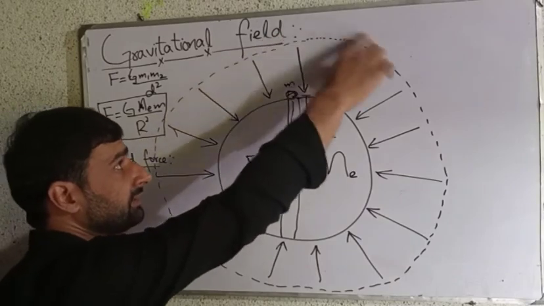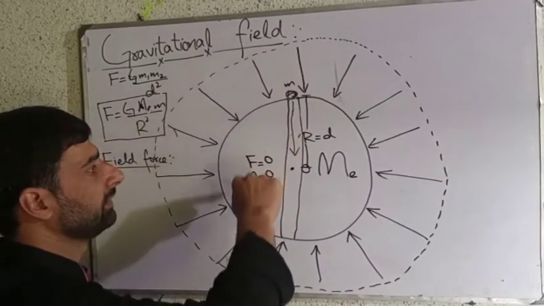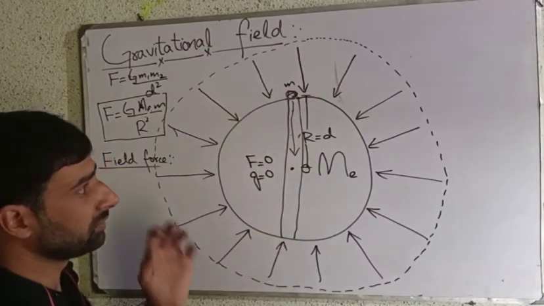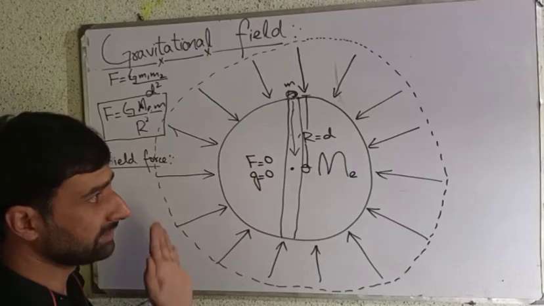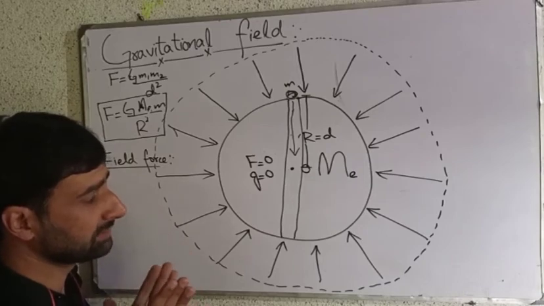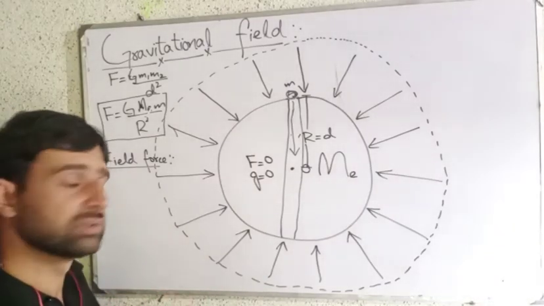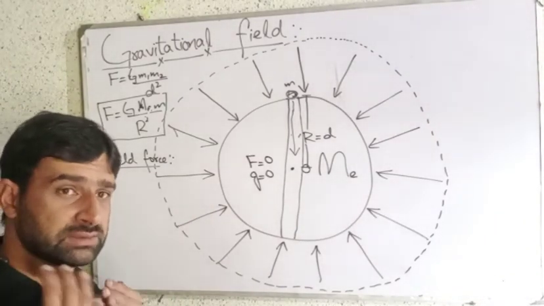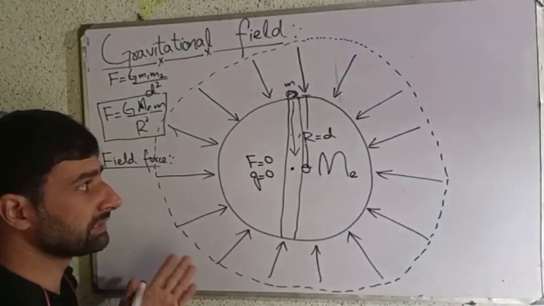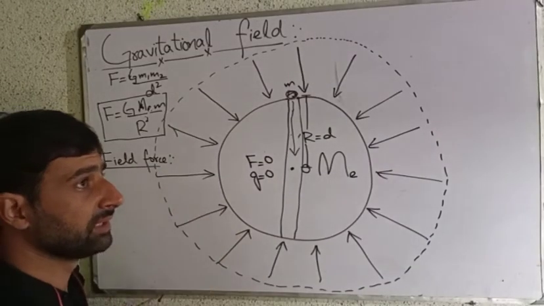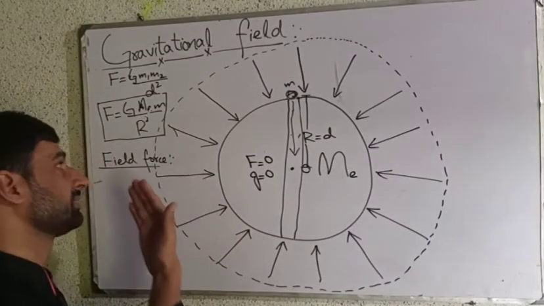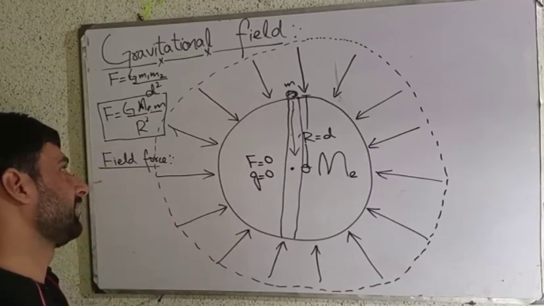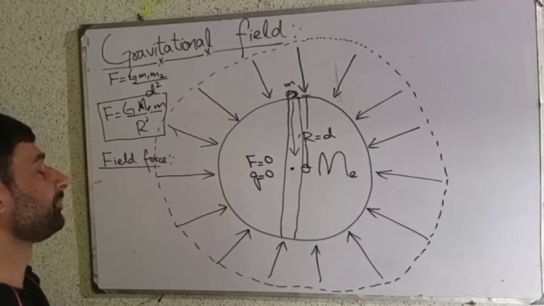It is acting inside this boundary and it is acting outside its center. As the force of Earth is acting in a specific region, it is also a field force. Field force means that force which has certain boundaries, that force which is acting in a specific region. Earth's force is known as field force.